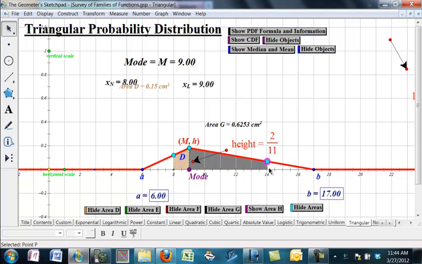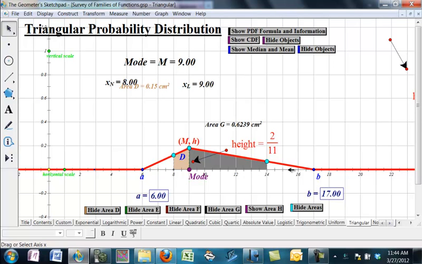And the problem is I've got sort of two ways I could do it. I could find this area and this area separately and then add them up. Or the easier thing to do is to find the total area, which is 1, and then subtract off these two triangular areas. And that's what we're going to do.